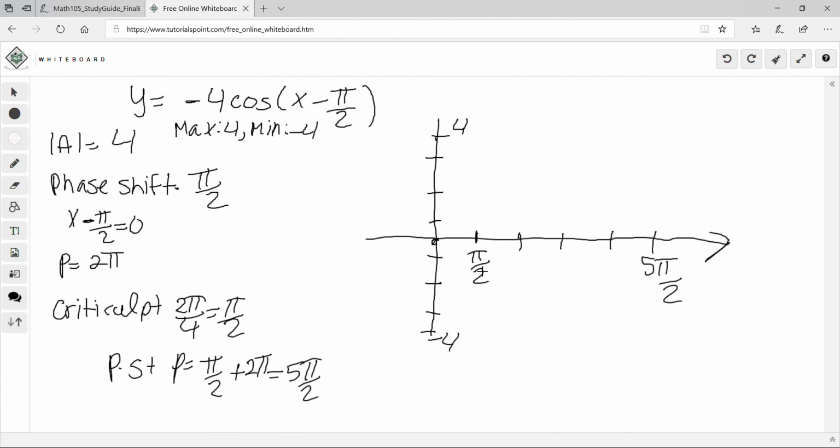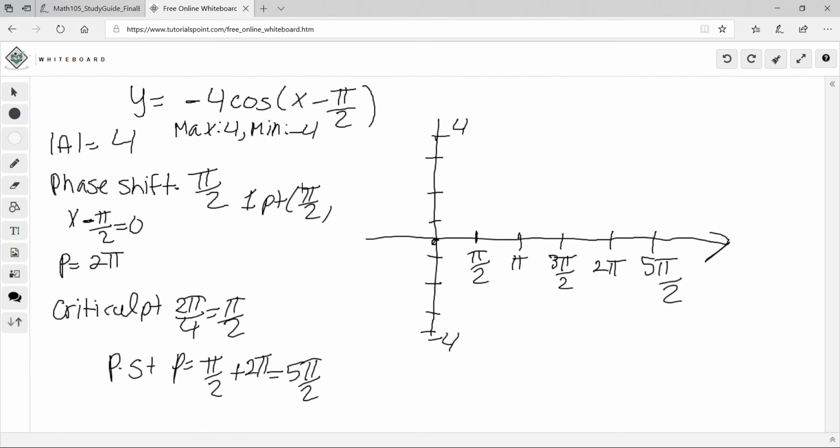So what you do is, from pi halves, you always add the critical point. So pi halves plus pi halves is pi. Pi plus pi halves is 3 pi halves. And then 3 pi halves plus pi halves is 2 pi. I'm not going to complete the graphs because you already have everything. You just need to plug in the y value. So at pi halves, for example, the first point is pi halves.